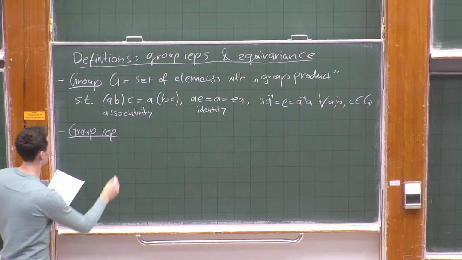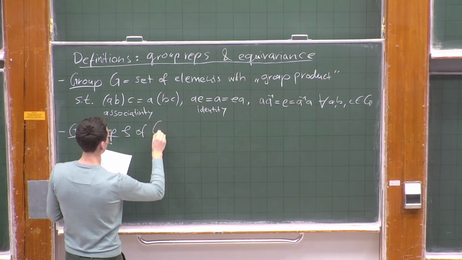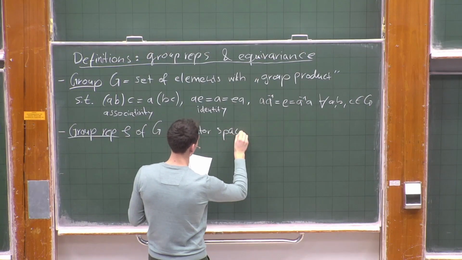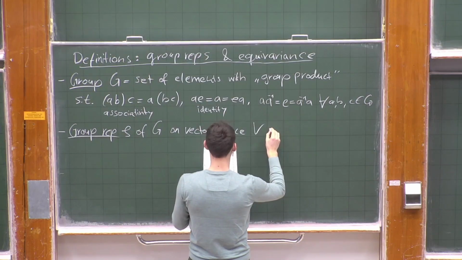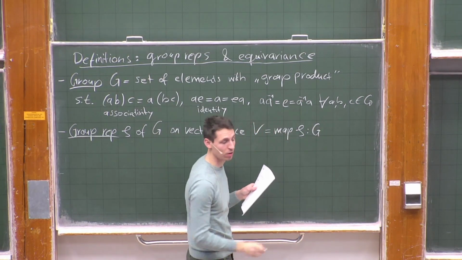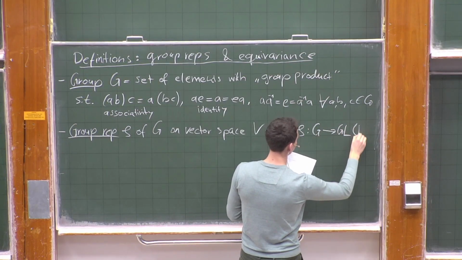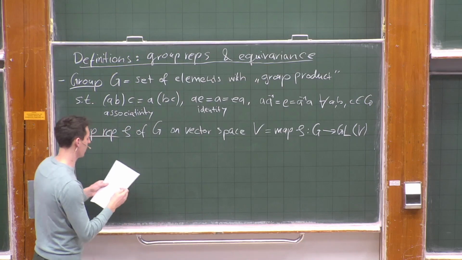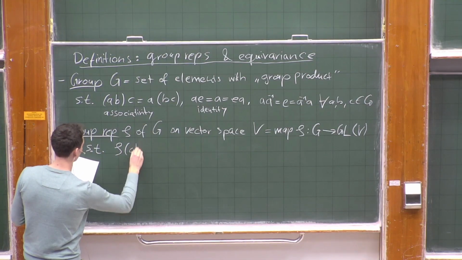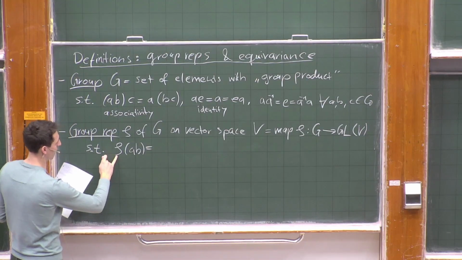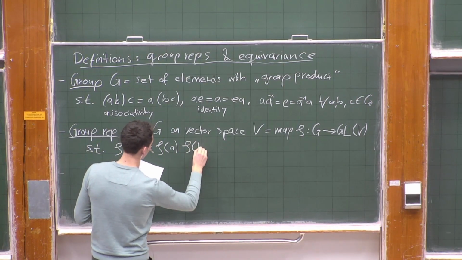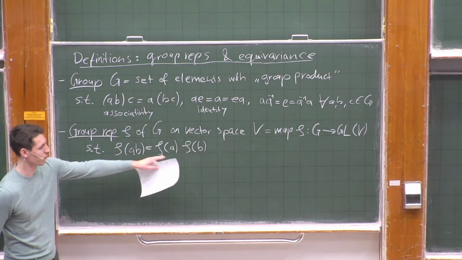A group representation rho of a group G on a vector space V is a map rho which maps from elements of the group to the invertible matrices on that vector space, such that this map fulfills the following condition: the product of two group elements should be the same as the product of the representations of the individual group elements.